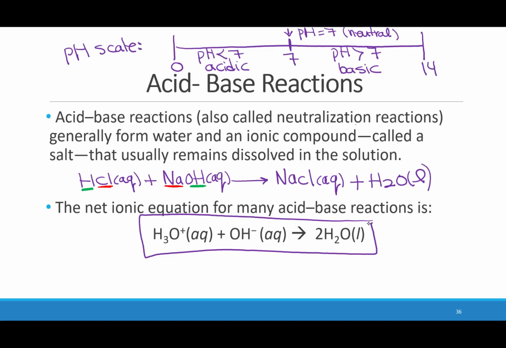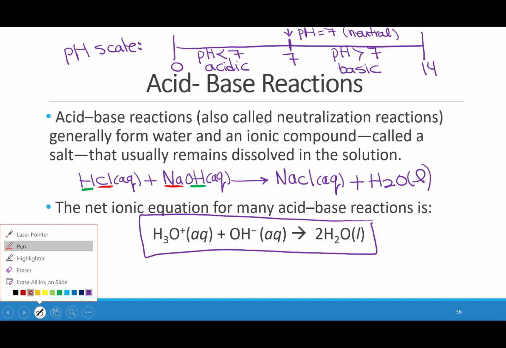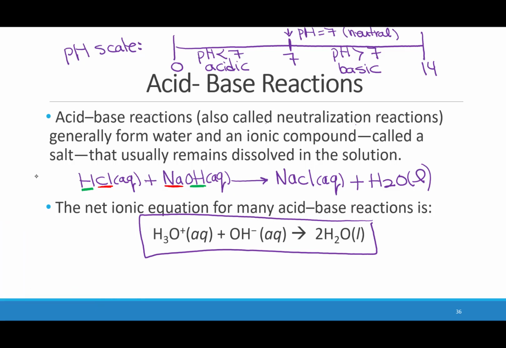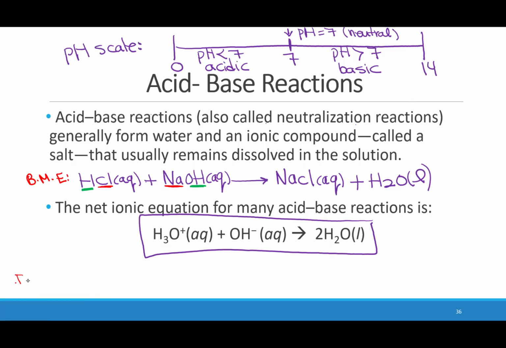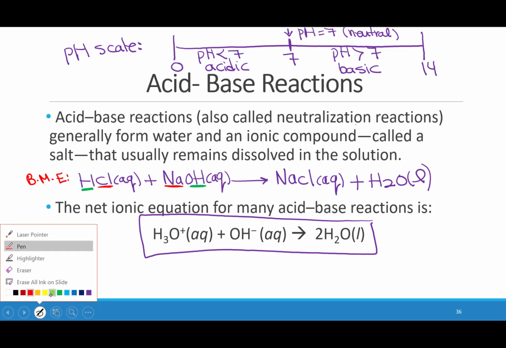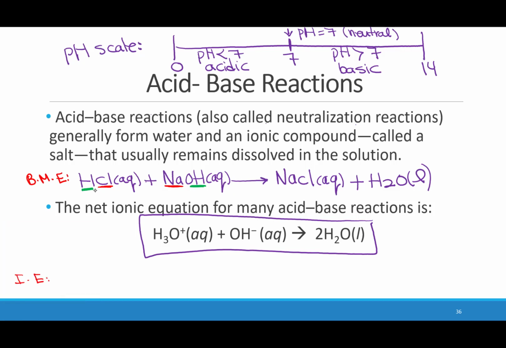Because this is your balanced molecular equation, right? And it's already balanced. I don't need to balance it. Now let's write the ionic equation. Now let's write it for hydrochloric acid.